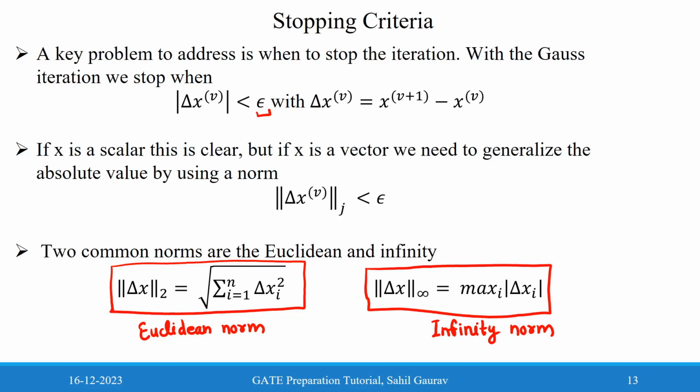If this is a scalar, then it is okay, but if it is a vector, then we need to generalize the absolute term by using norms, like the Euclidean norm and infinity norm. These are the expressions for the Euclidean norm and infinity norm.